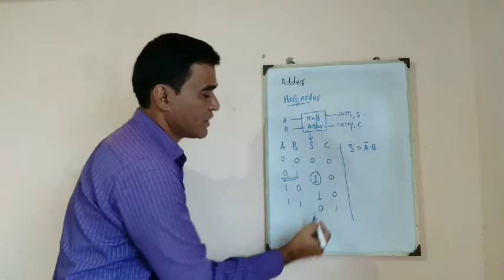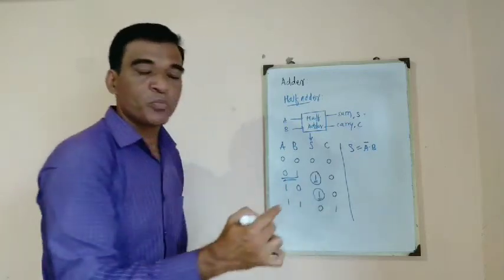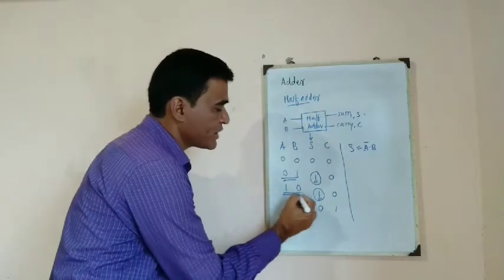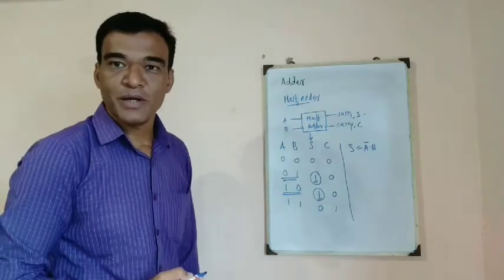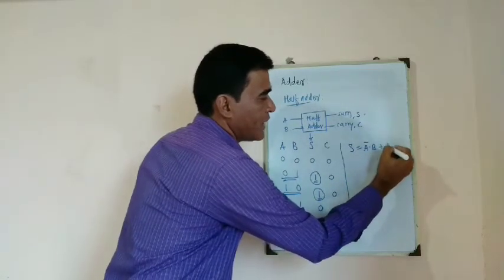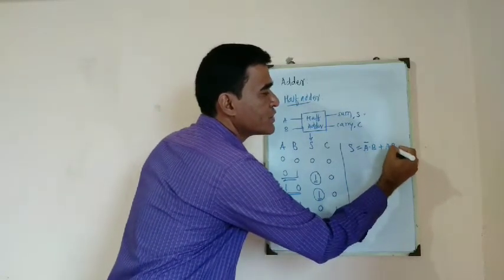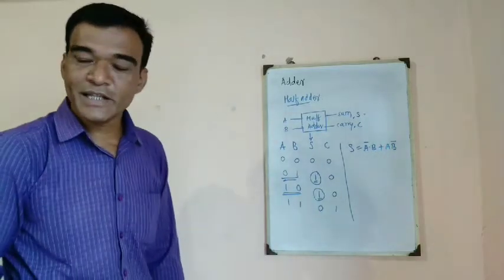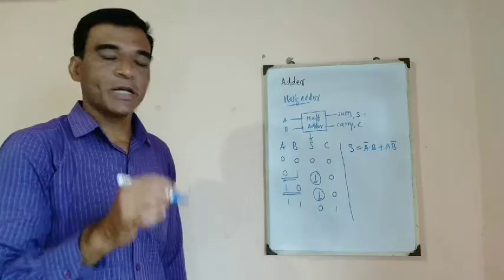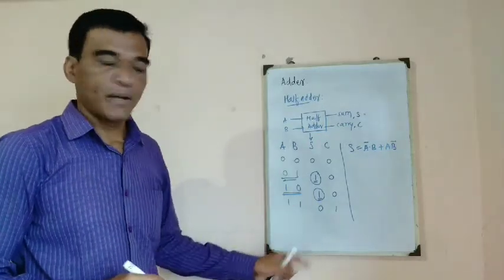This we have considered. Second output value where it is 1. For that, input combination is 1 0. And how do I write this 1 0? I need to add with this value. A is 1 and B is 0. This is nothing but the expression for the sum. Understood how to write a Boolean expression from a truth table.